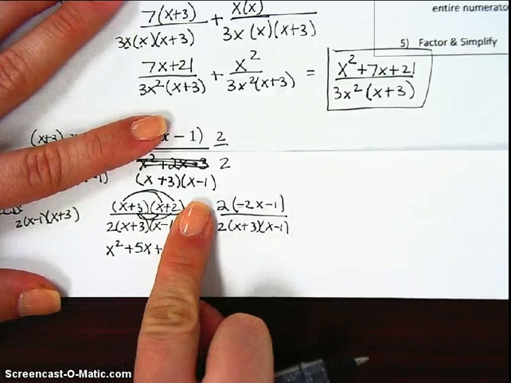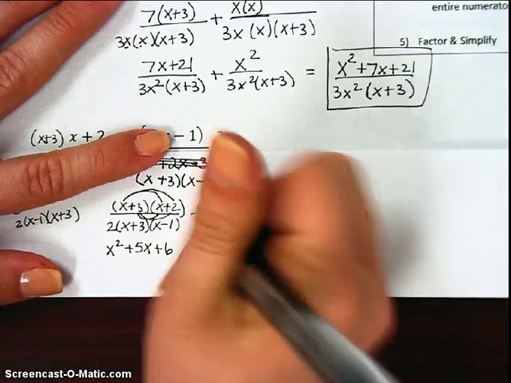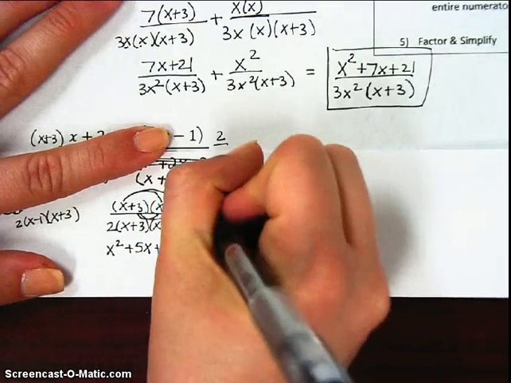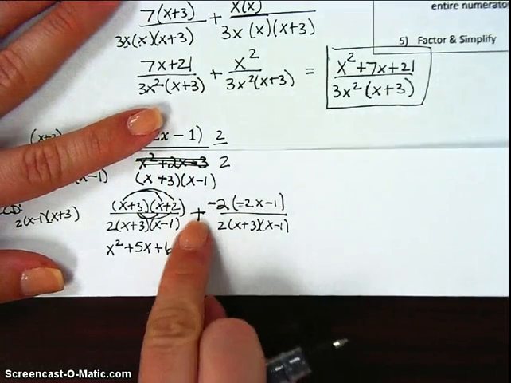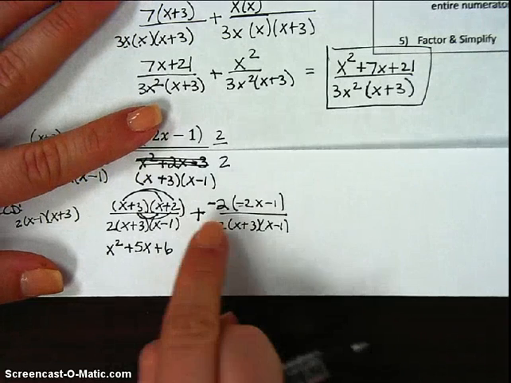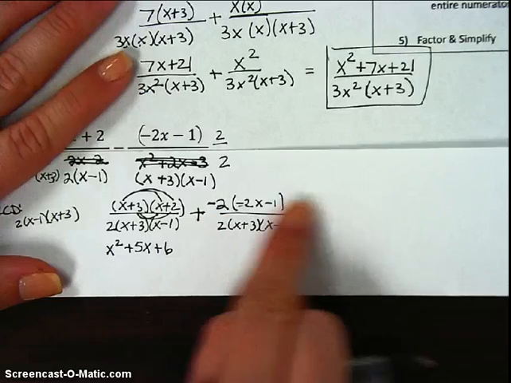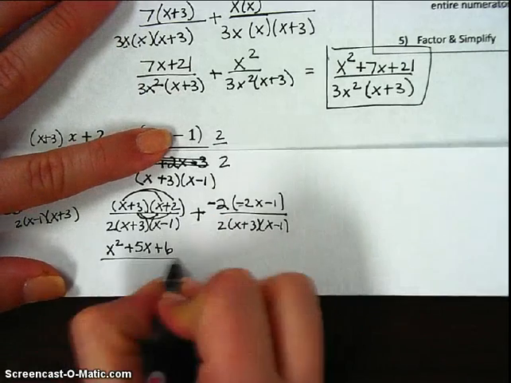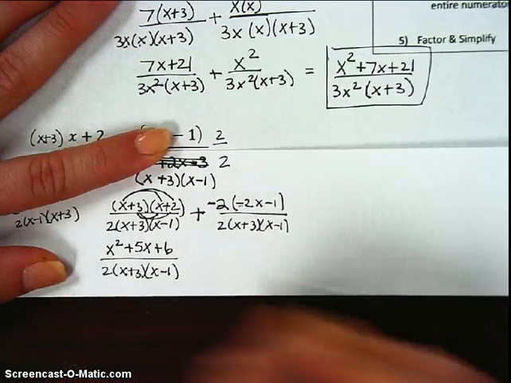You can distribute the top and then distribute the negative to everything. For me, it's easier to change this to a plus and make this 2 up here a negative. Because remember, adding a negative and subtracting are the same thing. So I'm going to change this to a plus, and now I'm going to distribute the negative 2 to everything that's there. So this is still over 2, x plus 3, x minus 1.